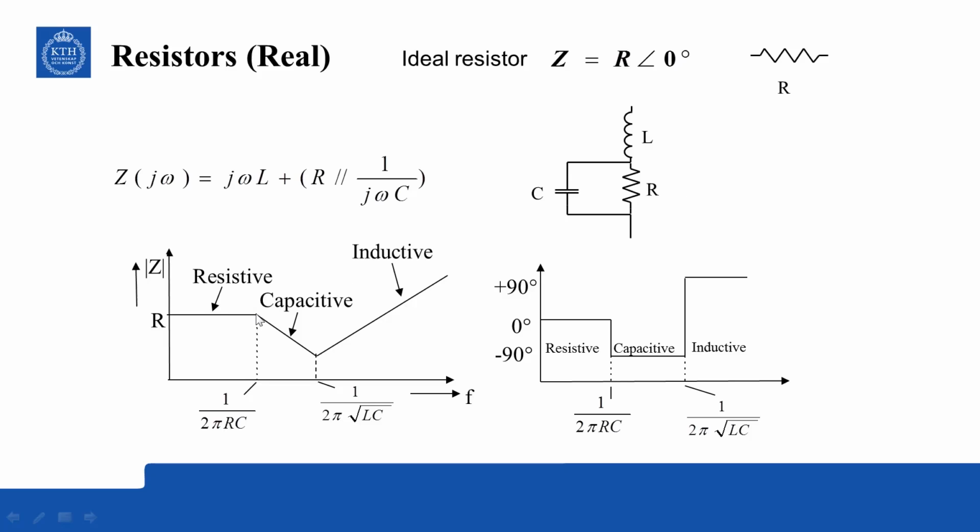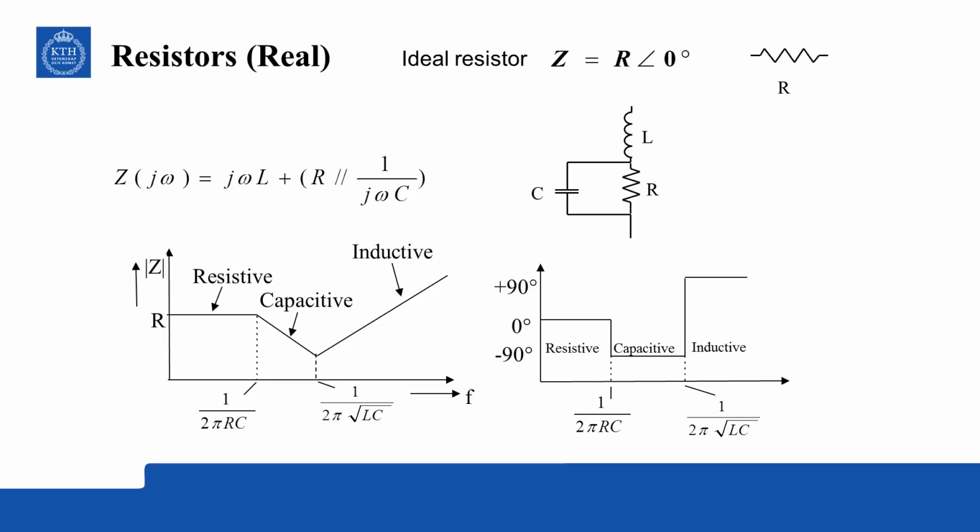So at this point both of them become equal, R equals 1 by omega C. So that frequency corresponds to 1 by 2 pi RC. Beyond that it becomes capacitive. So the resistance remains resistive only below this particular frequency of 1 by 2 pi RC. After that it becomes capacitive.